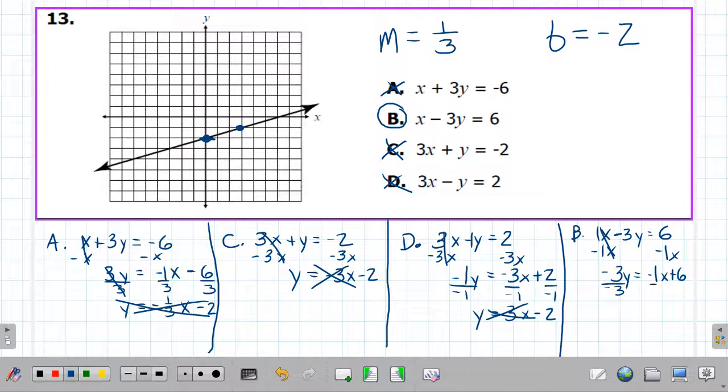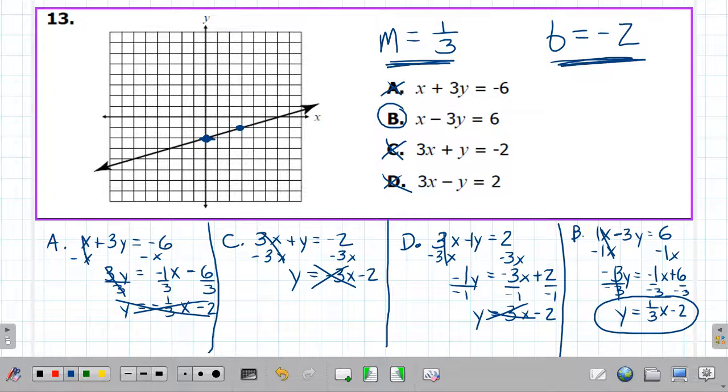Divide by -3. Y is equal to 1/3, so negative over negative is a positive, 1/3 x minus 2. And that's actually the answer, because once again, that's the only equation that we get that the slope is 1/3 and the y-intercept is -2. So the answer, once again, is B.